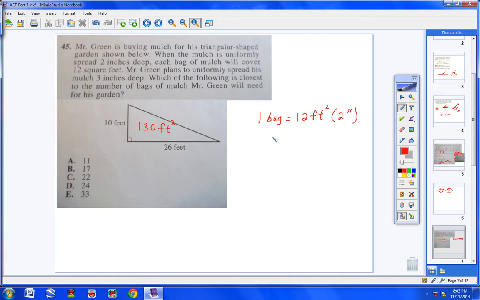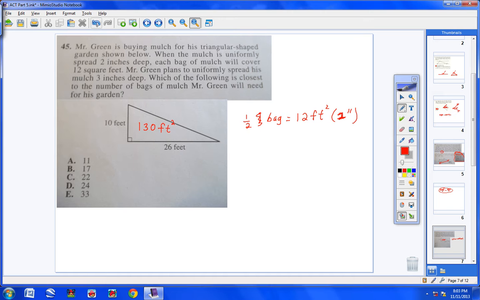Now, see if this makes sense, guys. Watch this. Do you see how one bag would cover 2 inches? Well, doesn't that make sense then that a half a bag would cover only 1 inch? That makes sense to me. I mean, if one bag goes 2 inches deep, then a half a bag would go 1 inch deep.